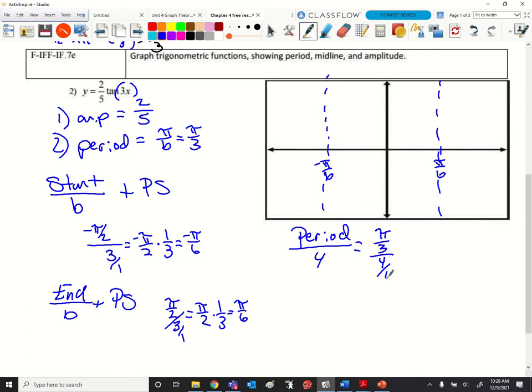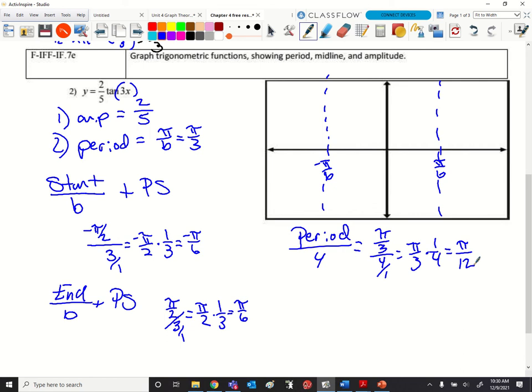I can't have a fraction over a fraction, so I multiply by the reciprocal. That's pi over 3 times 1 over 4, which is pi over 12. Now, what do I do with this pi over 12? Those are my steps.